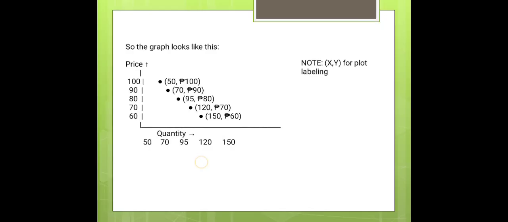Ayan, pakibasa sa screen, may note ako dyan, that the arrangement of the plot should be X followed by Y for plotting. Ayan. So if you could see, nauna ang 50 bago yung 100 kasi nauna yung X axis, comma, the Y axis, yung partner niya. So yan yung gagawin niyo during the exam, okay? Again, the format will be, the labeling of plot will be X and Y.